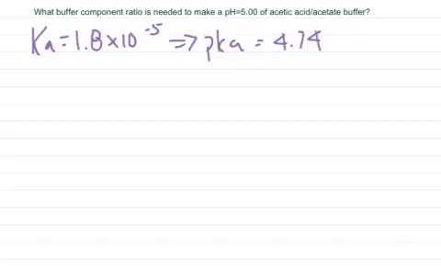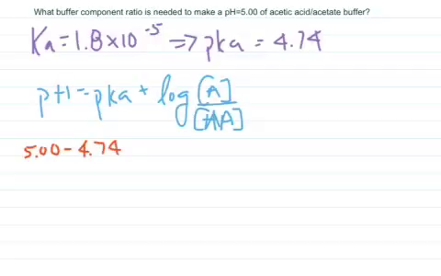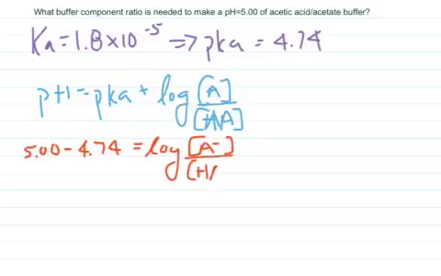Next step, I'm going to put the Henderson-Hasselbalch equation down. pH is equal to pKa plus the log of my base over my acid. Because we are looking for the ratio, I'm just going to plug in what I know. I have 5.00 for my pH minus 4.74 is equal to the log of my base over my acid.